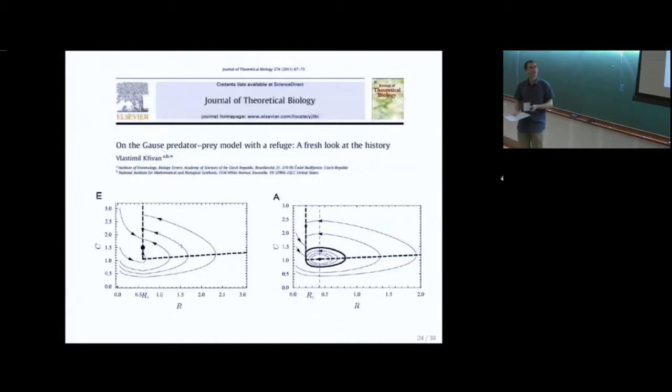More recently, in a 2011 paper, their model was described in a more modern mathematical framework. And among other things, we have a boundary equilibrium bifurcation. So here are two phase portraits of their model, either side of a boundary equilibrium bifurcation.